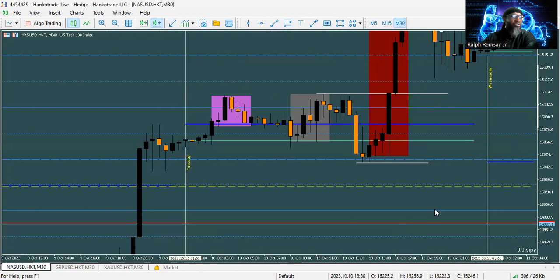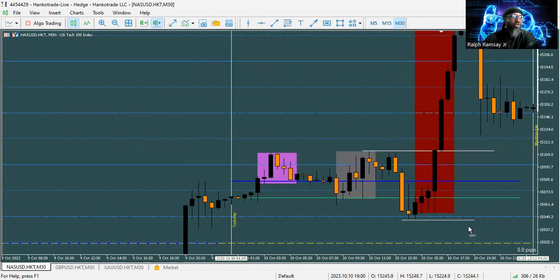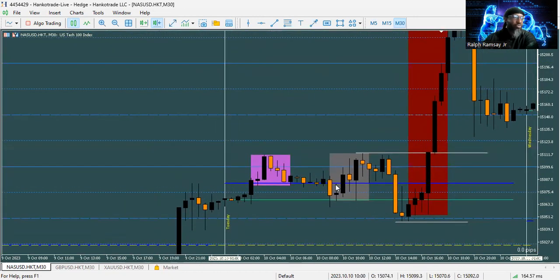Coming into Tuesday, we want to repeat the same process. We want to mark off our high of the day and our low of the day before our NY session opens during our timing window, which is at 8 a.m. EST. On Tuesday, let's see what we had on the calendar for USD.